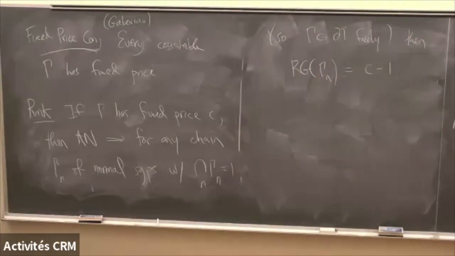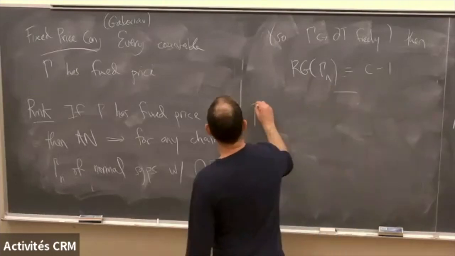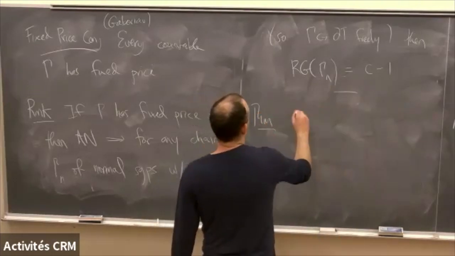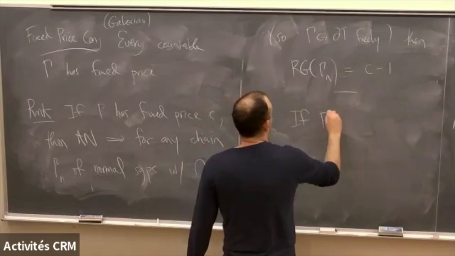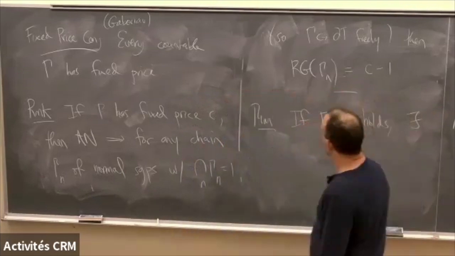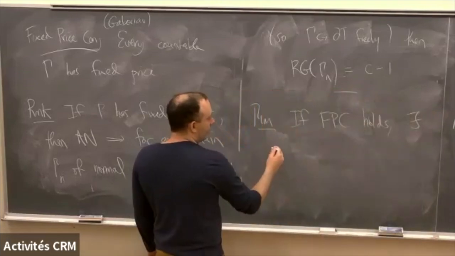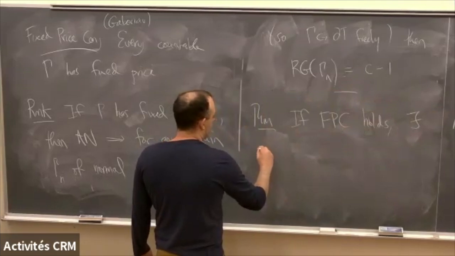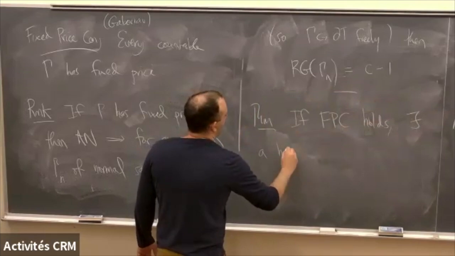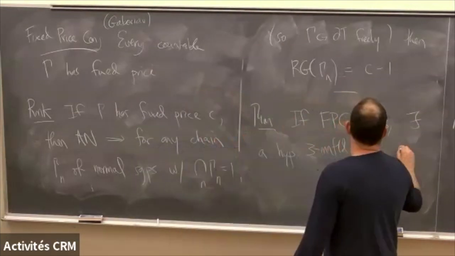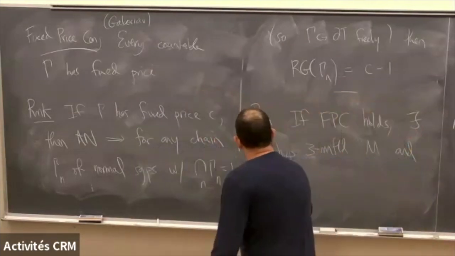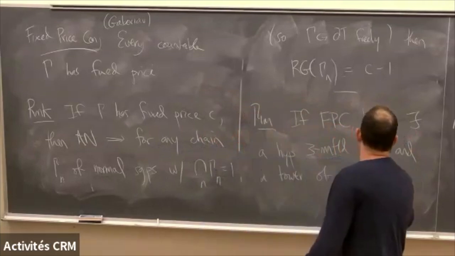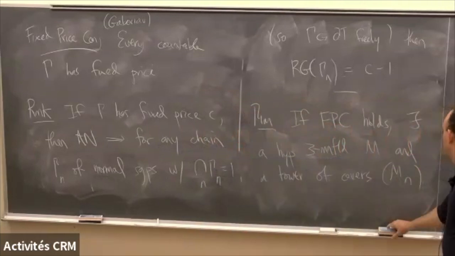So it doesn't depend on the chain that you pick. Using this, they prove the following theorem: if the fixed price conjecture holds, then there exists a hyperbolic 3-manifold M and a tower of covers M_n with rank gradient 0 and Heegaard gradient positive.